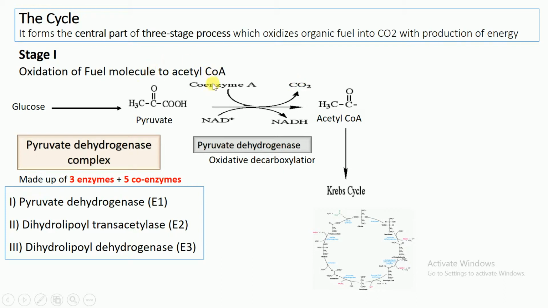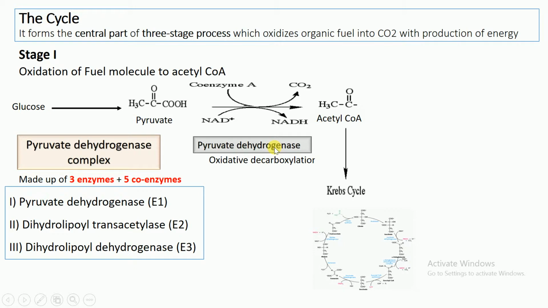And coenzyme A gets attached to the acetyl molecule and forms acetyl CoA with the help of the enzyme pyruvate dehydrogenase. In this step there occurs a release of carbon dioxide and reduction of NAD+ to NADH. So this reaction is oxidative decarboxylation.